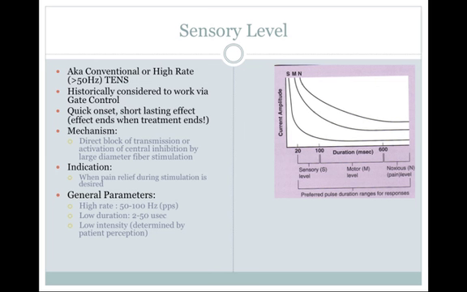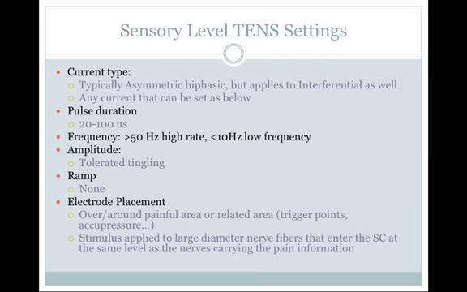Then a lower intensity, and we're just going to set this based on patient tolerance. You're going to take it up to where you get a tolerated tingling. So you turn it up, ask if they feel that, and then take it up to where they have a more or less pleasant tingling sensation. All right, so that's setting up high rate or conventional TENS.